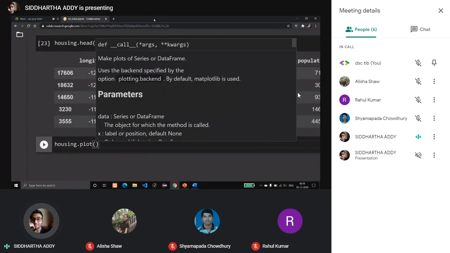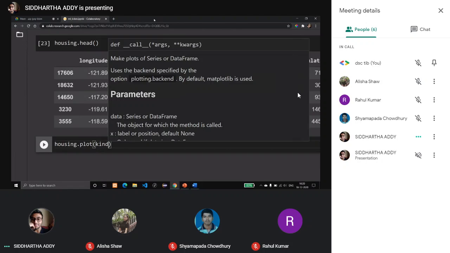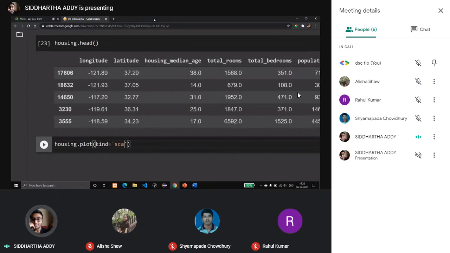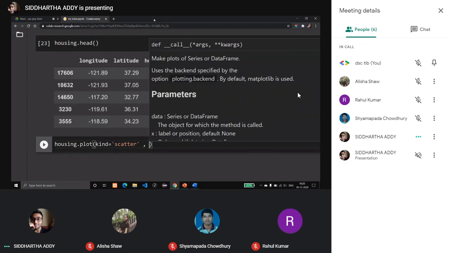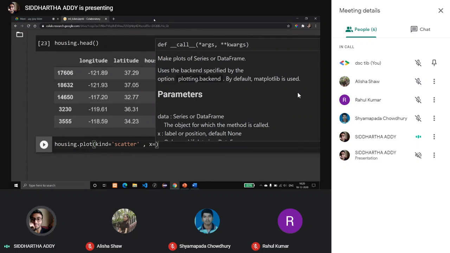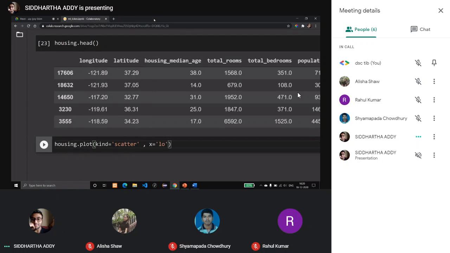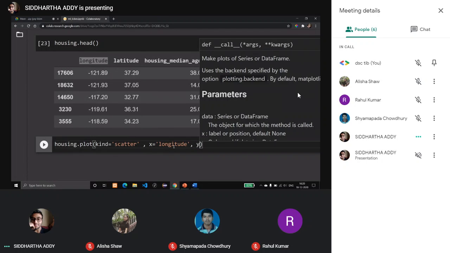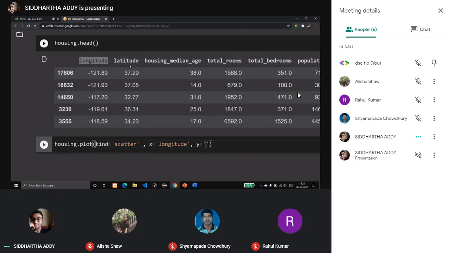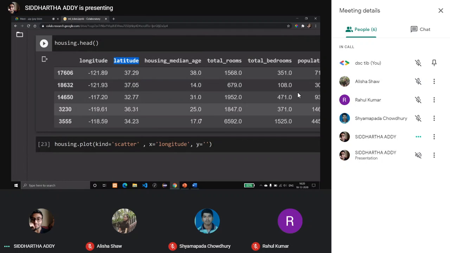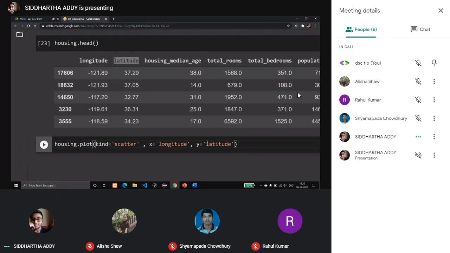So I'm going to graphically plot a graph, and it will be a scatter plot. For all those of you who don't know what a scatter plot is, you will understand in a moment. So I am choosing the x-axis as longitude. Okay, fingers crossed.